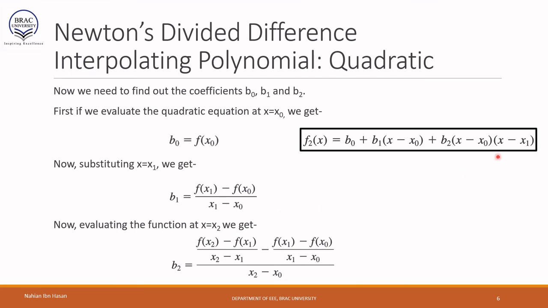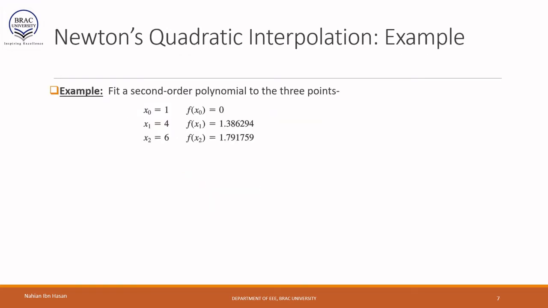We just put the value of x equal to x2 here, and then we find the value of b2. So all the coefficients are easily determined if we are given at least 3 data points for the purpose of fitting a quadratic interpolating polynomial. We have just done some algebraic manipulations here to get the value of b2.